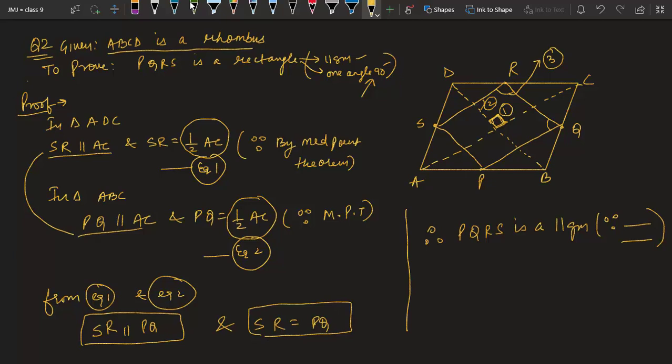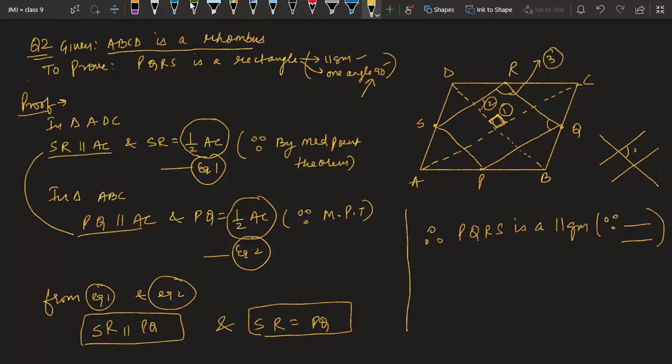Let's see now. Can we say angle 1 and angle 2 are interior angles on the same side of transversal? Yes class, can we say? Yes, we can say, because if you observe, SR is a line, AC is a line also, and the both are parallel, and this DB is a transversal.